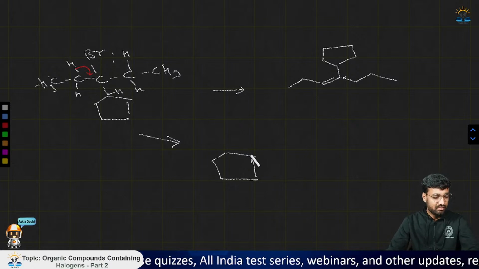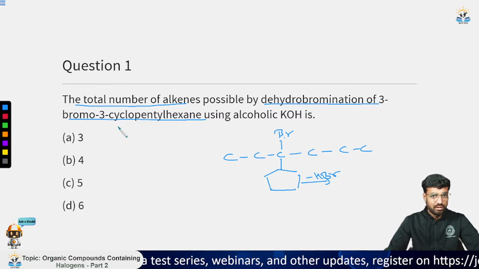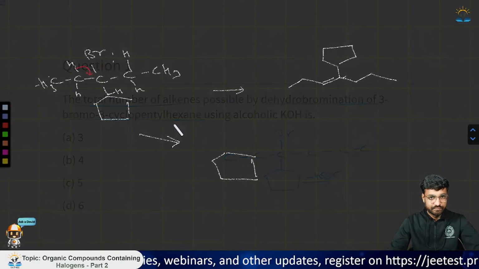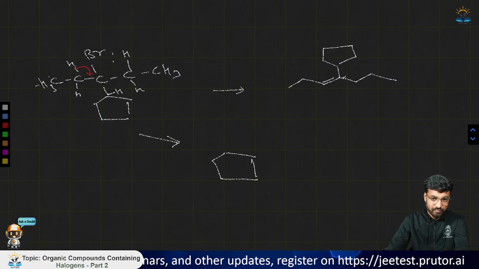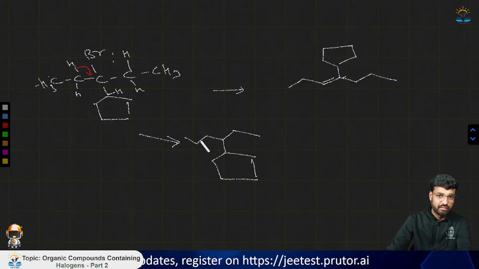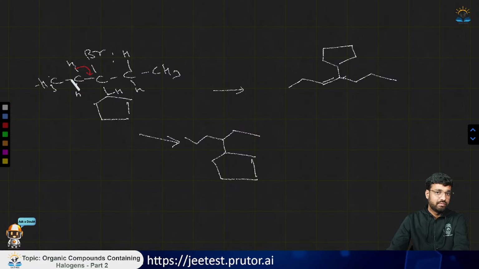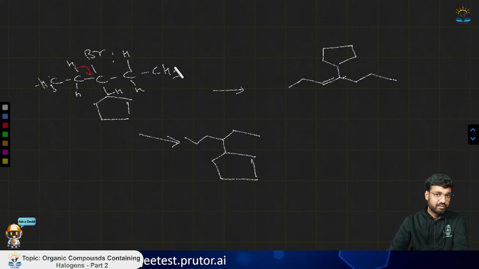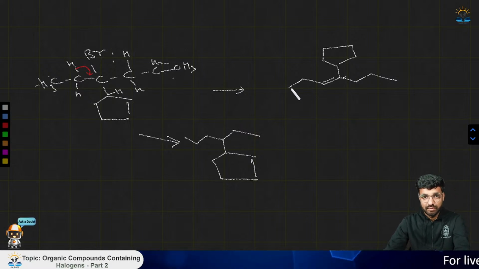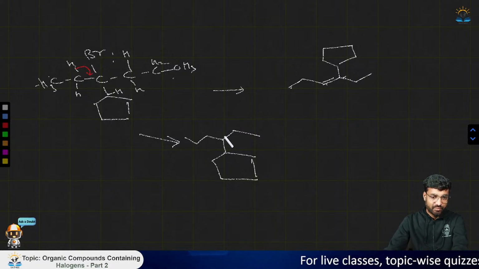The second one that is possible, 1 2 3 4 5 6, is this product.